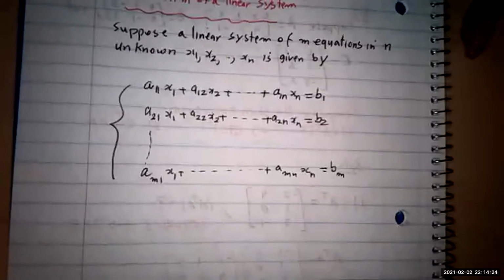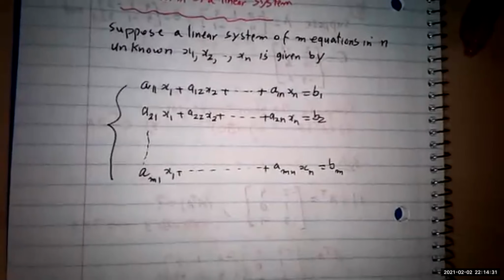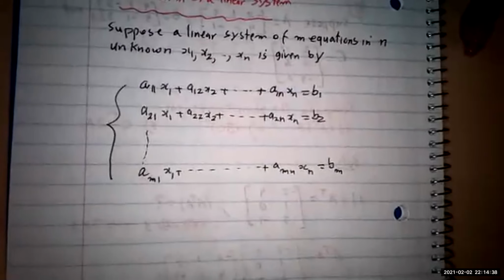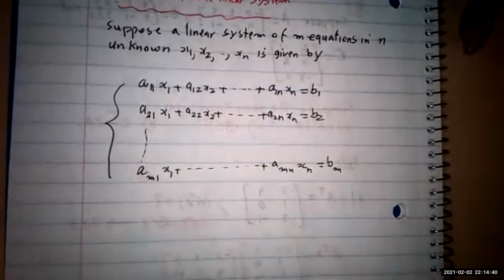Now what we can do is use the matrix form, if you like. Write it down into the matrix format, using the fact that two matrices are the same, and we can end up with this one.